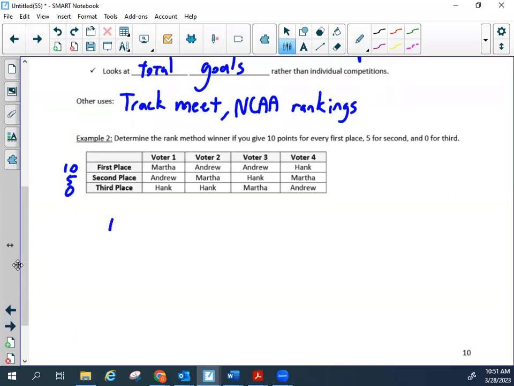So if I have Martha, Andrew, and Hank, Martha here, the first voter, is going to give her 10 points, going to give Andrew 5, and Hank 0.